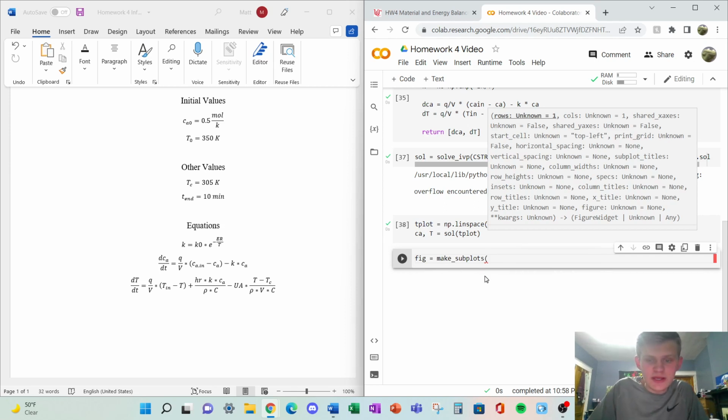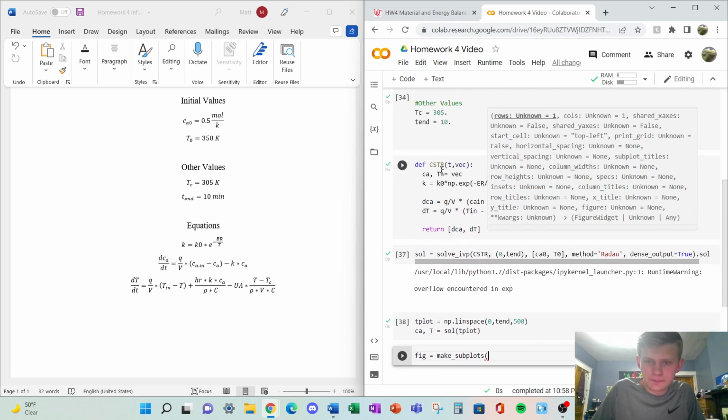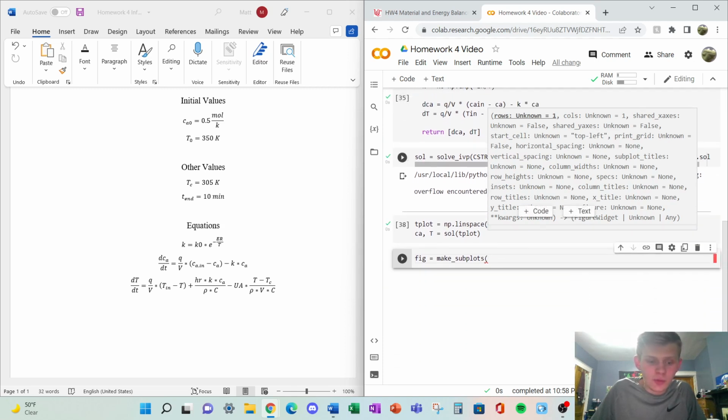We want two graphs, independent from each other, so we can see how each graph reacts to the parameters in our equations that we put up. So we're going to have two separate graphs, one for our concentration and another for our temperature.